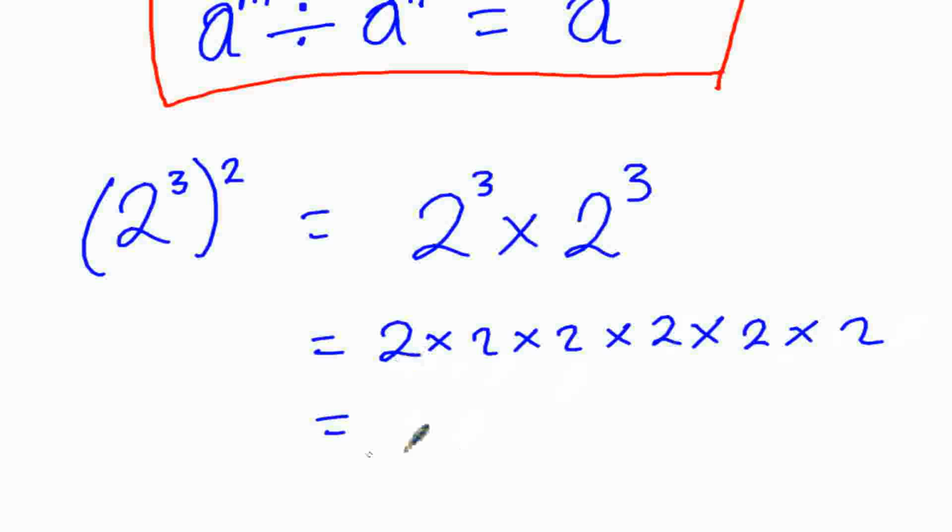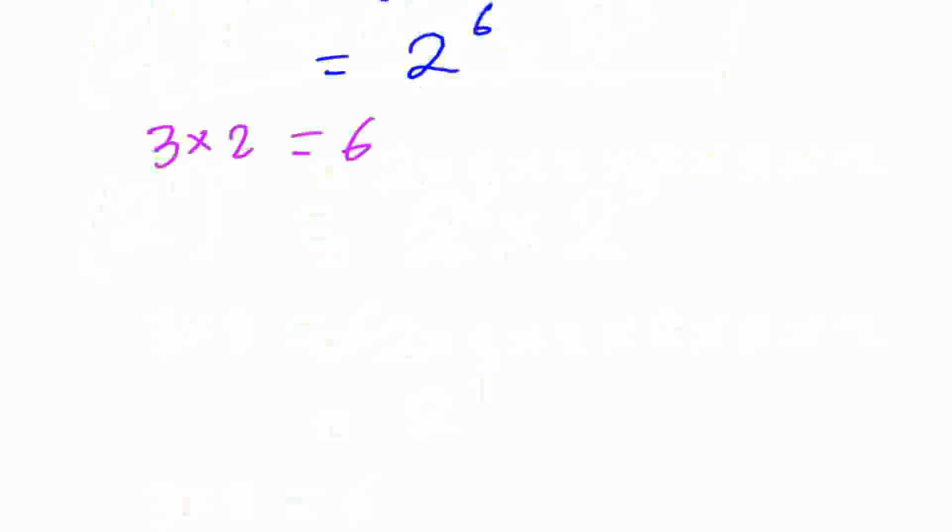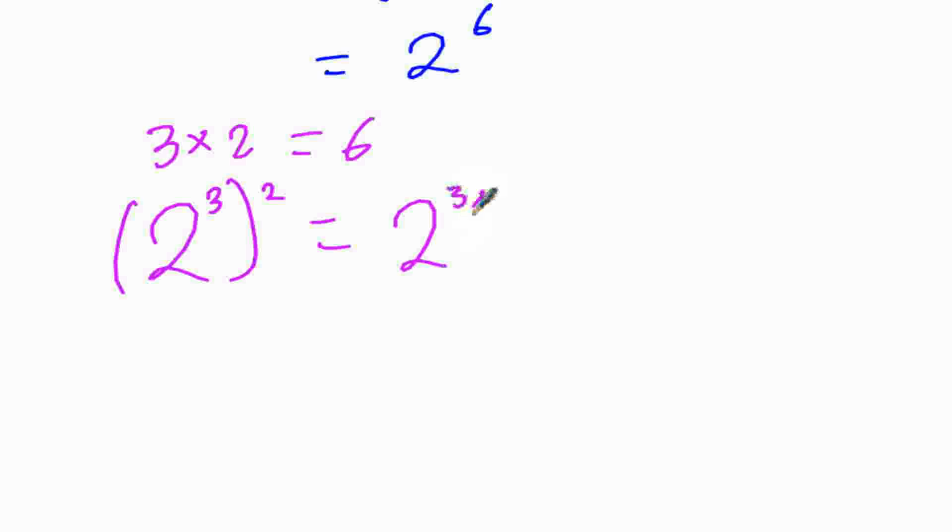How many 2's are those? They are 6. So that is 2 power 6. But still, if we multiply 3 times 2, those 2 powers, we get 6. Meaning that instead of using that, we can say 2 power 3, all of it power 2, is the same as 2 power 3 times 2, which is 2 power 6.